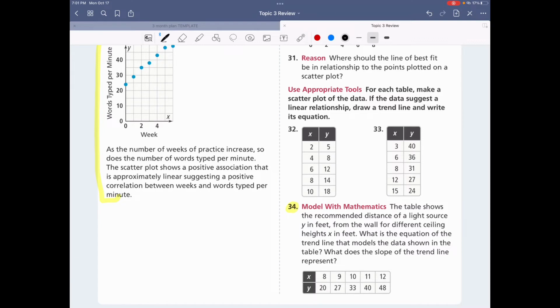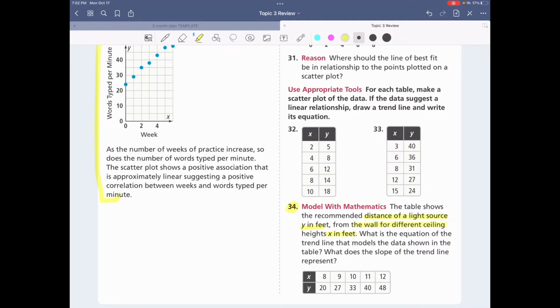So let me think about what this means. The distance of a light source in feet from the wall for different ceiling heights. So this is like interior design. So from the wall for different ceiling heights in x feet.